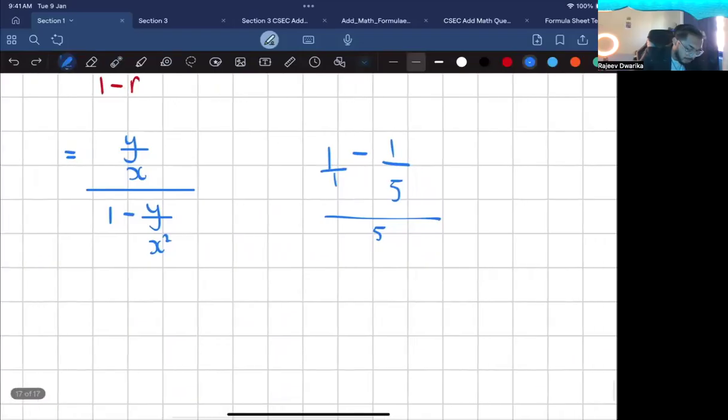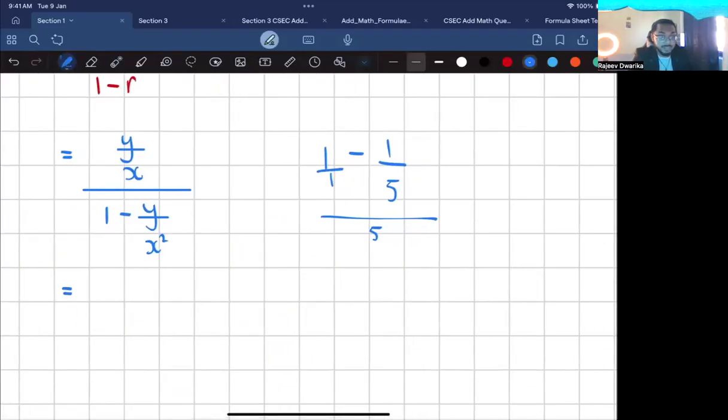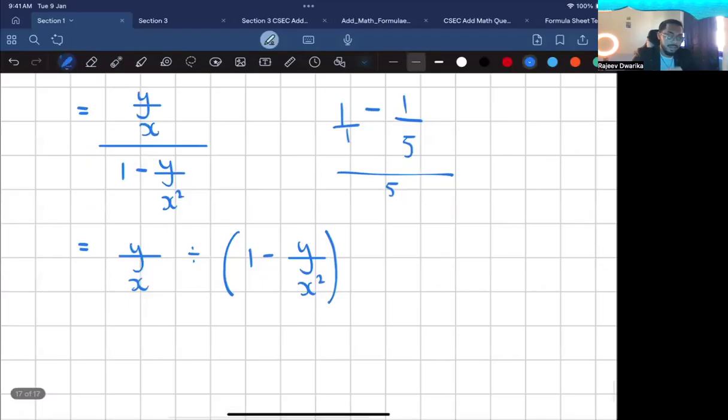And so Kiera, since we're dealing with fractions and all kind of madness, this is what I'm going to tell you to do. Look at it like we have y over x divided by this whole thing over here. Again, you recognize that we don't have the same common denominator, so we need to find the LCM.